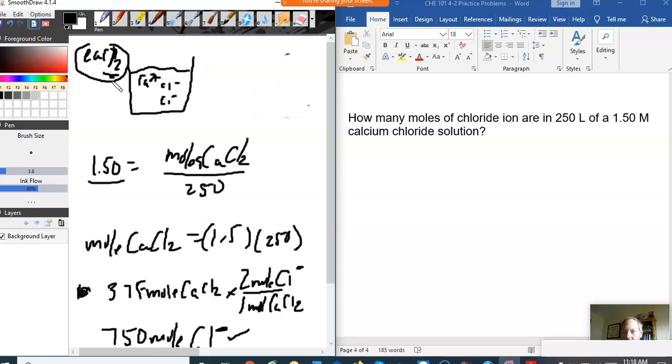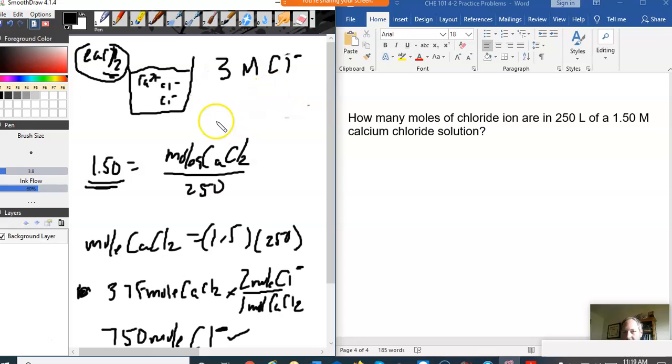Okay. So if I were then to ask, what's the molarity of the chloride ion, the answer is 3. Do you guys see how I get 3? Yeah, that makes sense. 3 molar of the chloride ion. It's basically this number times 2.